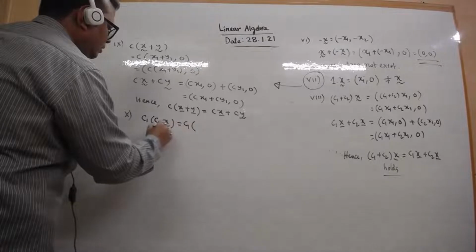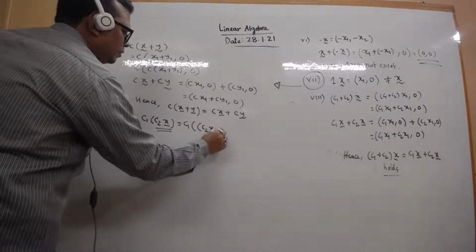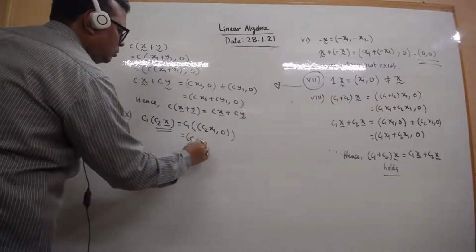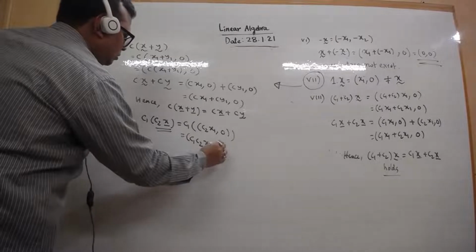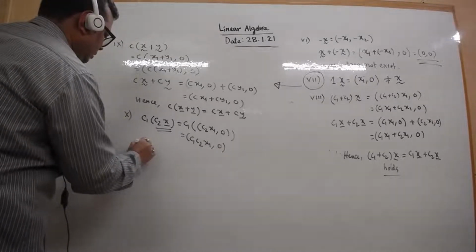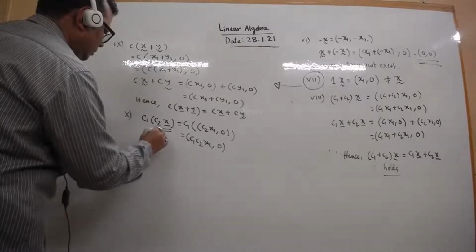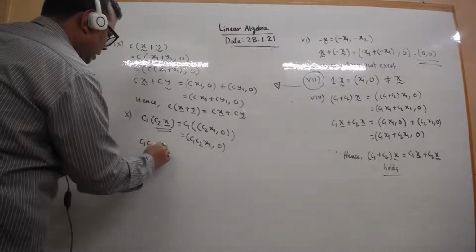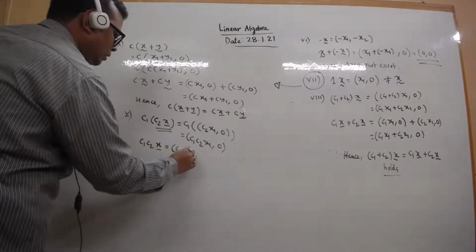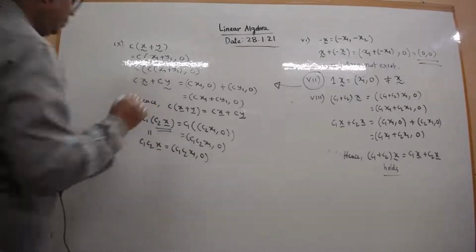C1 times (C2 x1, 0) gives (C1 C2 x1, 0), and (C1 C2) x curl is (C1 C2 x1, 0). Hence this property also holds.